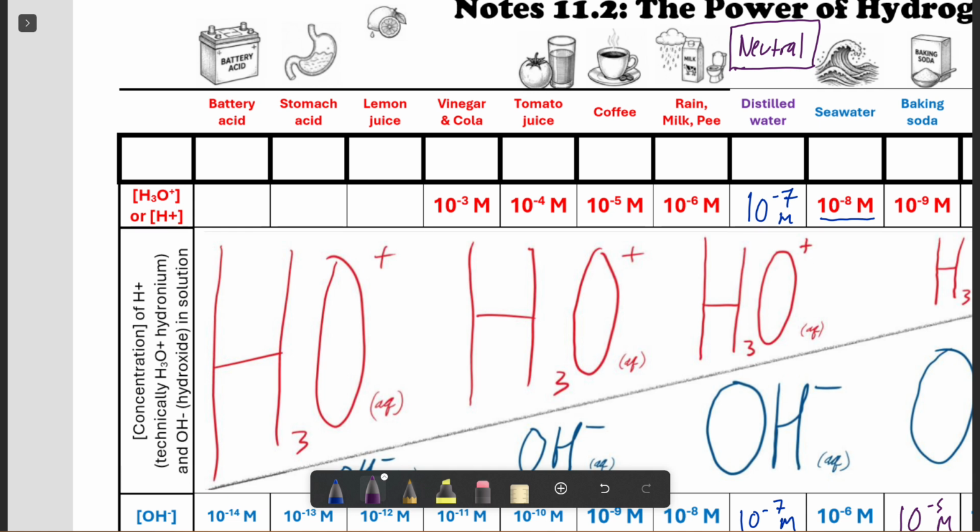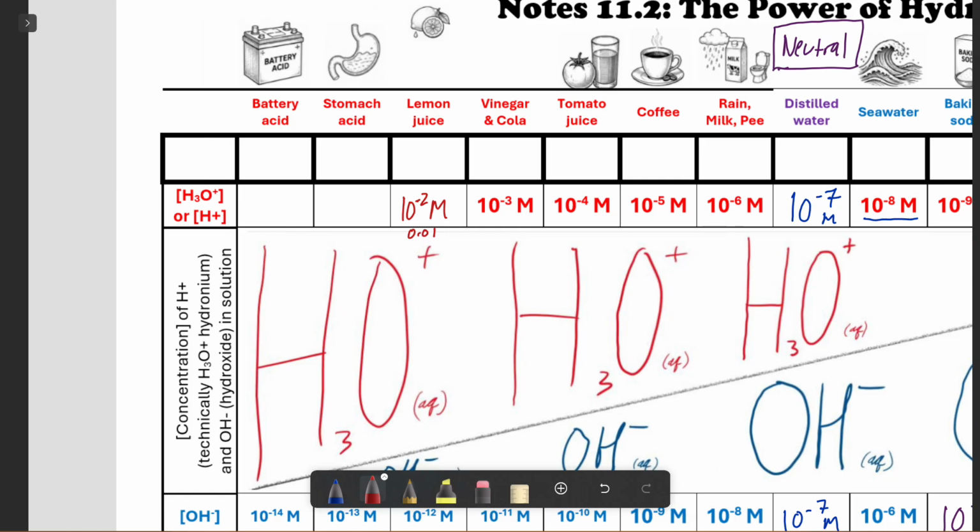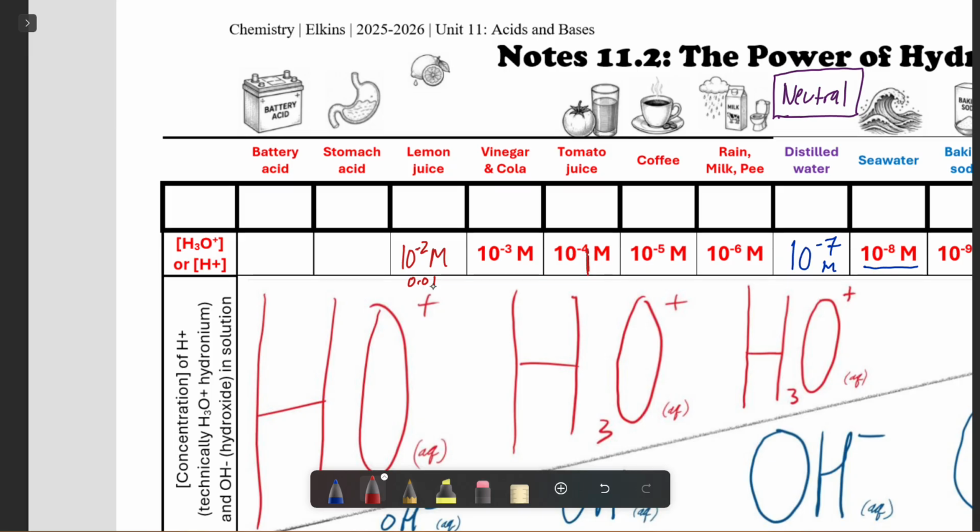So let's say that I increase it to get 10 to the negative 2 molar. So that's 0.01 molar concentration. Or I could even increase it, whoa, I could increase it all the way to, if I want to look at your stomach, okay, the lemon juice has 0.01 moles of hydronium for every liter of solution.